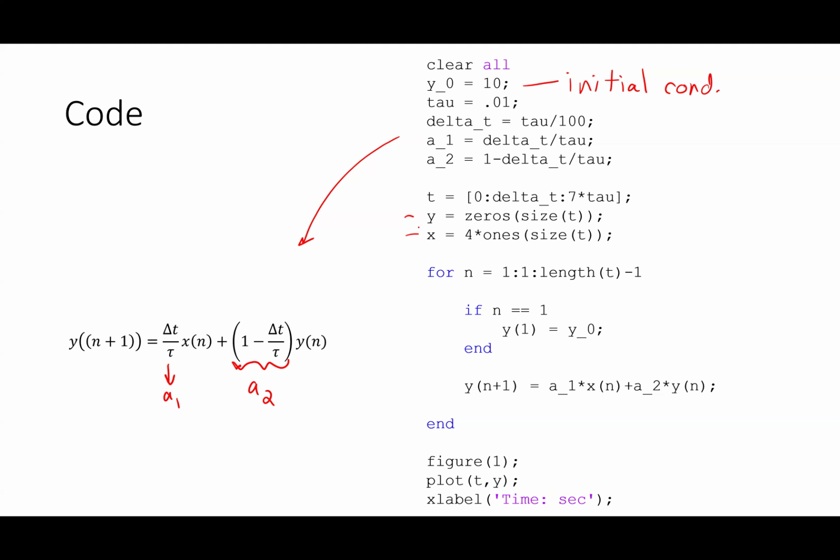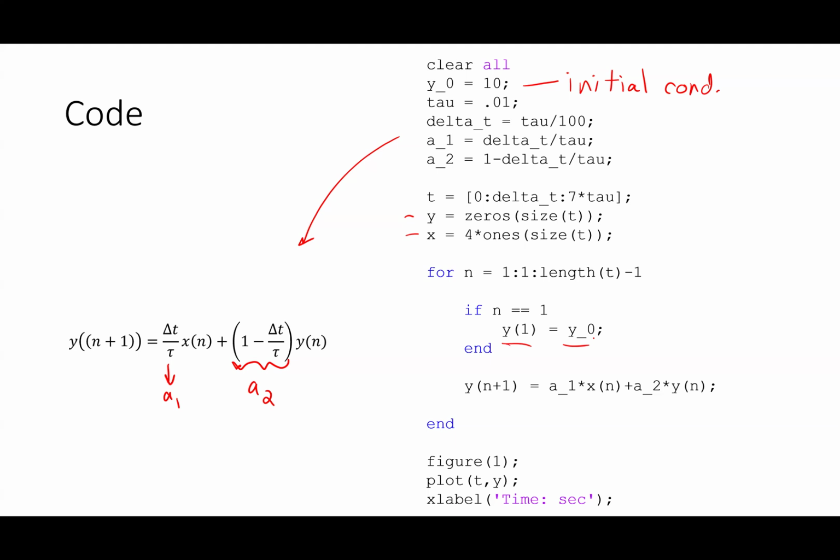In MATLAB, though, the first entry of an array is not the 0th entry. It's the first entry, the 1 entry. So what I said is the first entry in the y vector should be equal to the initial condition. This doesn't apply at that point in time, because I'm solving for, think about it, t equal to 0.